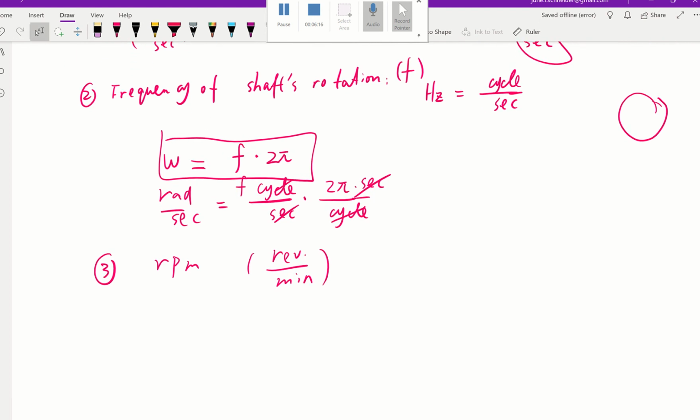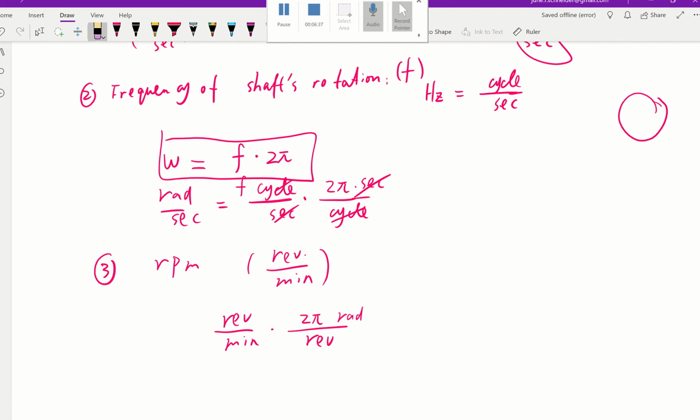If I want to change revolutions per minute to omega, one revolution is equal to 2 pi radians.